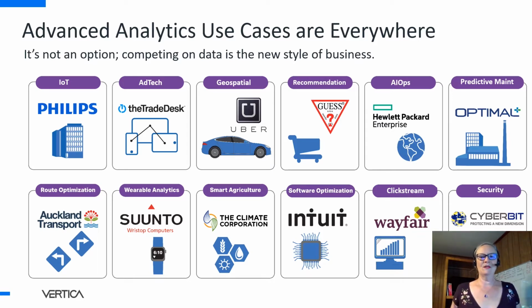Philips is using machine learning to make sure that MRIs and CAT scanners and important medical devices like that don't break down. Uber is using it to optimize routes to get you a car in under 7 minutes. HP is using AI ops to optimize your network.